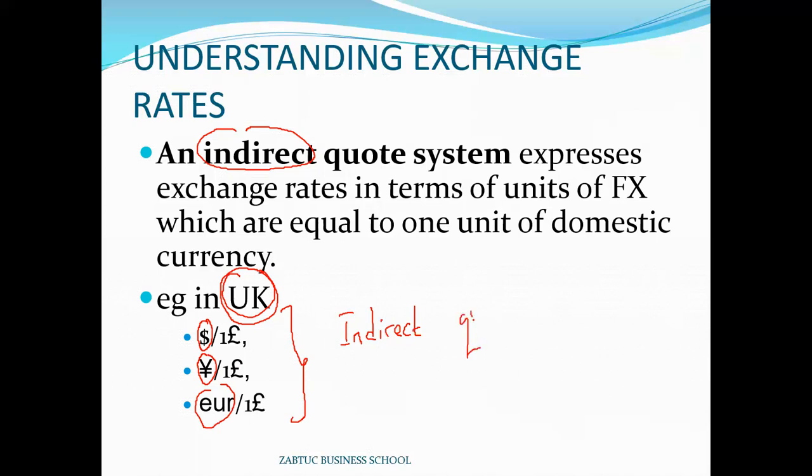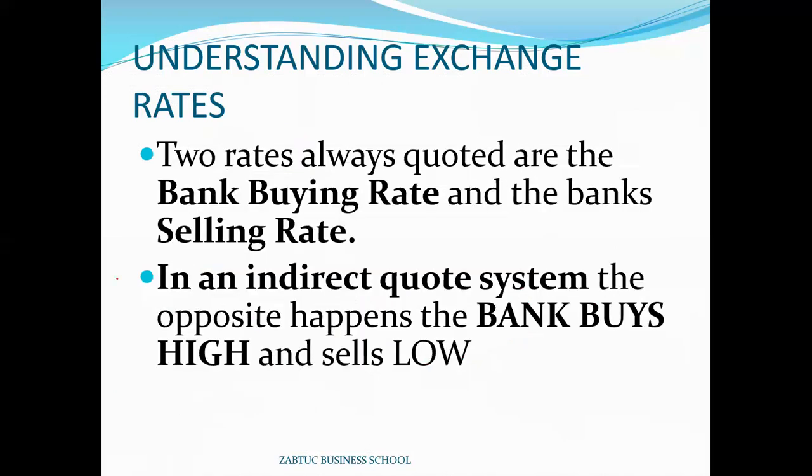Now, if we come to the issue of which is the bank's buying rate and which is the bank's selling rate, then the story changes. The buying rate and the selling rate depend on what quotation system you are using. That's what it comes to. Understanding exchange rate, two rates always quoted are the bank buying rate and the bank selling rate.